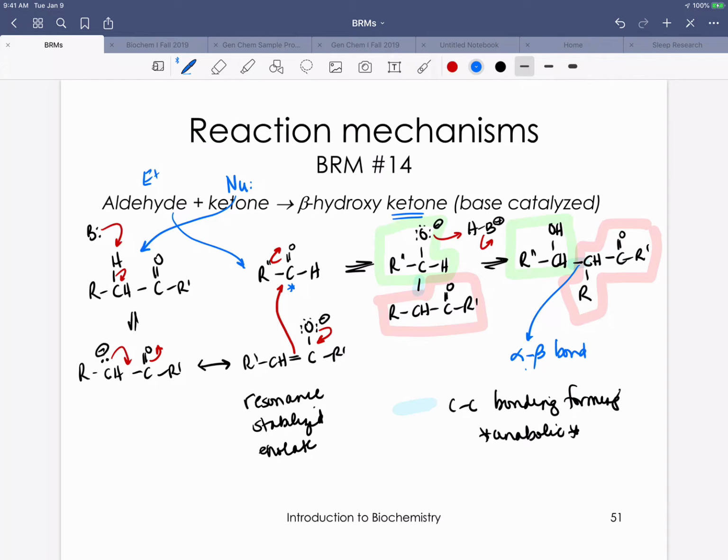Okay, so again, this is the alpha carbon here, this is the beta carbon here. So that bond between the alpha and the beta carbons is what we call labile. It means it's easily broken. And so one of the things that's going to be important for us to think about as we look at these molecules is recognizing that that's a hidden break point if we need to be doing catabolic processes and breaking things apart.